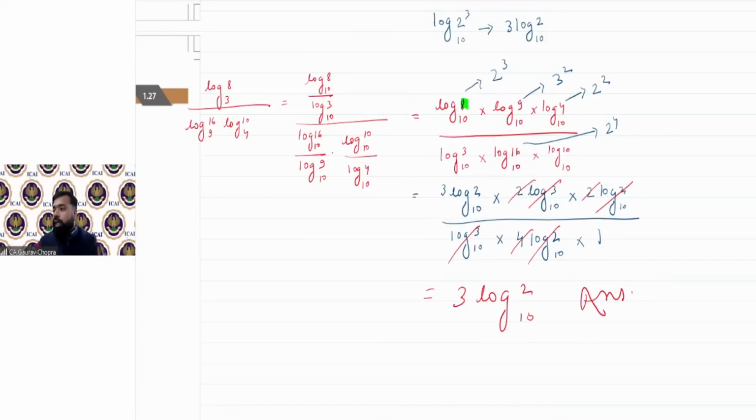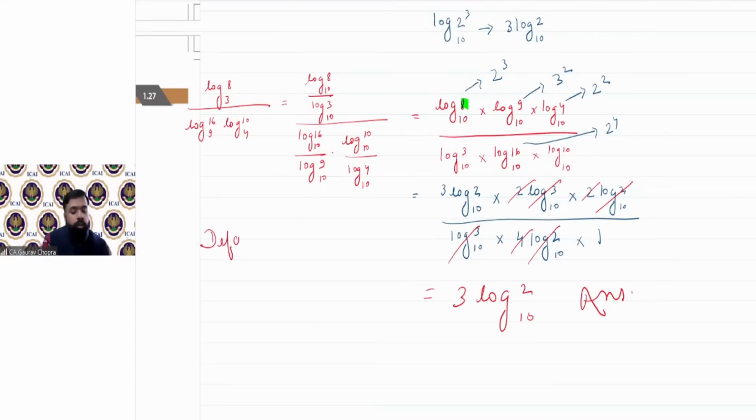Miss R says, how is 10 the common log base? See, 10 is known as the common logarithmic base. Bhumika is asking why we are taking 10 as the base. You can take anything as the base, because the base must be common. And wherever nothing is written, by default we have to take base 10.